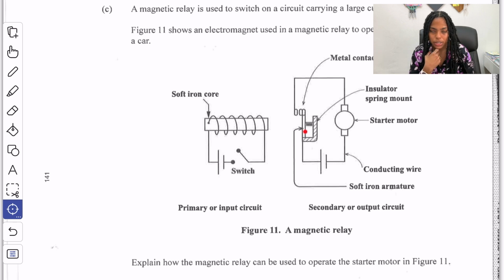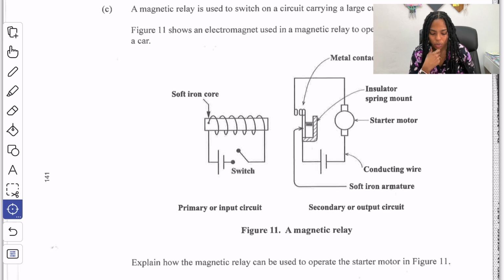So this piece of iron will pull this way, and as it pulls to the left, it closes the metal contacts, completing the circuit so that current can flow, causing the starter motor to start running.